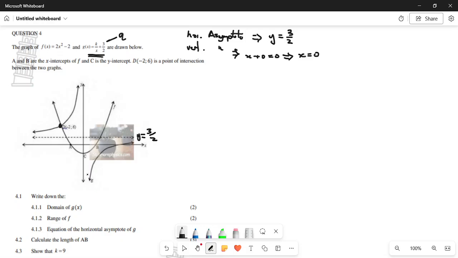So our y-axis is also the vertical asymptote. So with that said, the domain of g, our function is defined everywhere, right? Except when our x value is equal to 0.